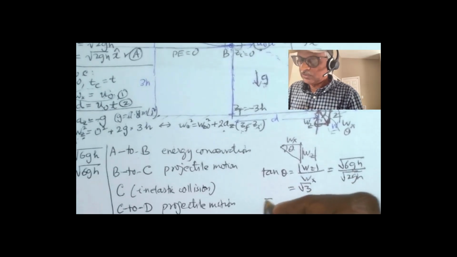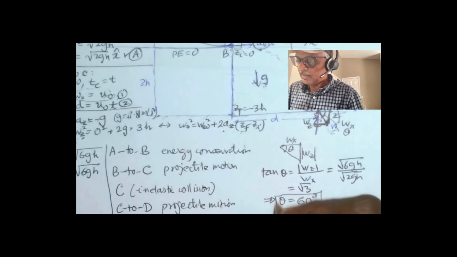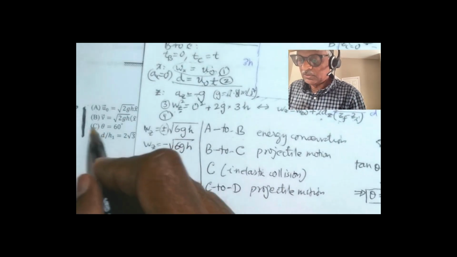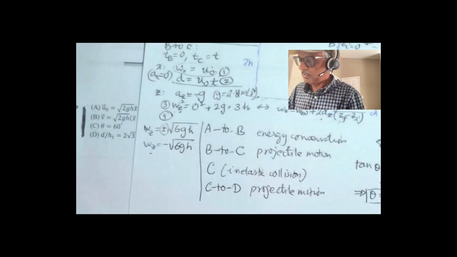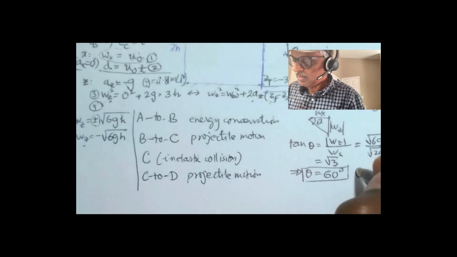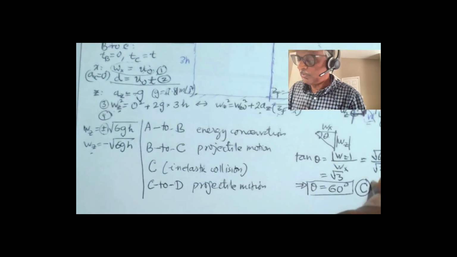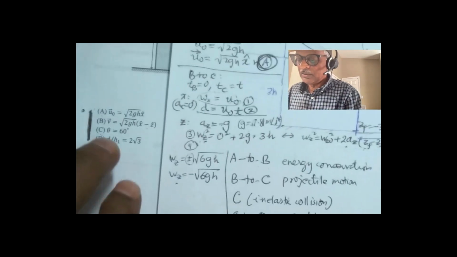That just tells you theta equals 60 degrees, which means C is correct. So we decided about A and C. We haven't decided about B yet.